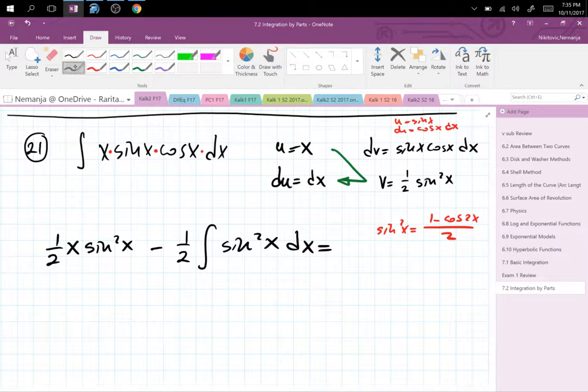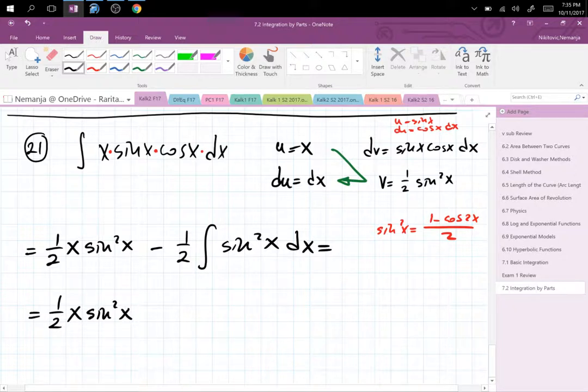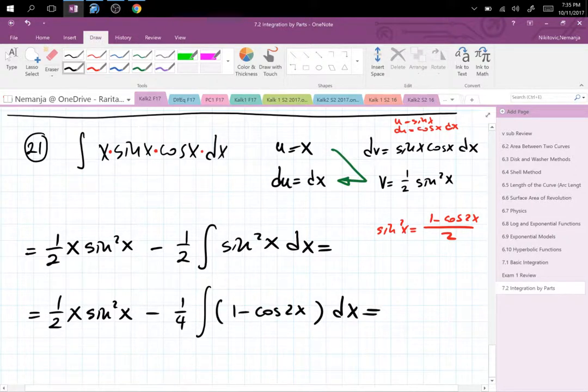So 1/2 x sine squared x minus 1/4 integral 1 minus cosine 2x dx.